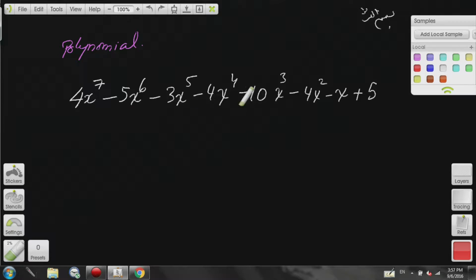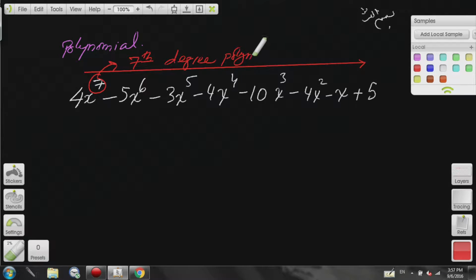First of all, this is a polynomial. And then you observe a polynomial is arranged from the highest exponent to the lowest exponent. This highest exponent gives the name to the polynomial. So this is called a 7th degree polynomial. Notice the 7th degree polynomial has 8 terms, right? Because it's x to the 1 over here, and you can say there's x to the 0 here. That's not written because x to the 0 is 1.